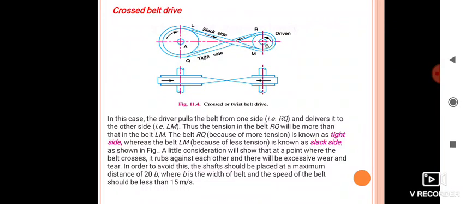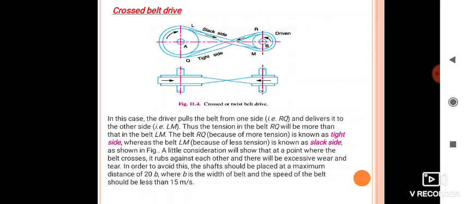Thus the tension in the belt RQ will be more than that in the belt LM. Just see the diagram, the labeling is done LM and RQ, and with respect to that you have to explain the working. So here the belt RQ is known as the tight side, and LM is known as the slack side.